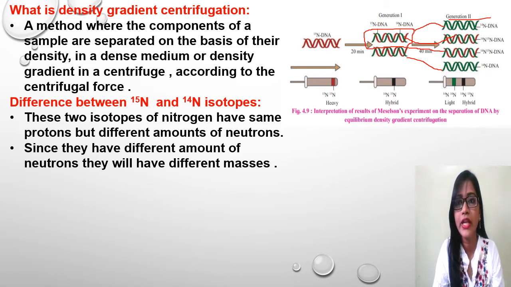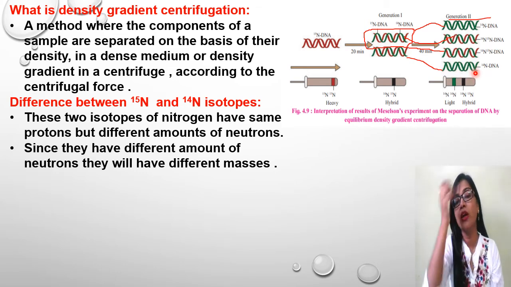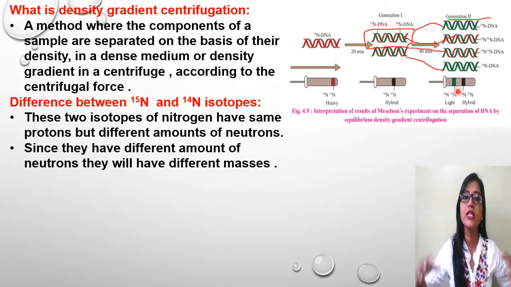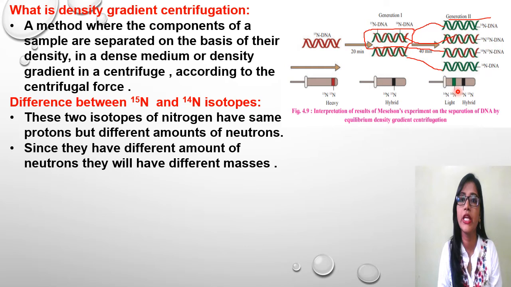Again, in the third diagram, the red is the old strand and the other is the green strand, N14. Again, this green strand is the parental strand and the newly formed is the daughter strand. So in the second generation there is complete mixing of the DNA strands.